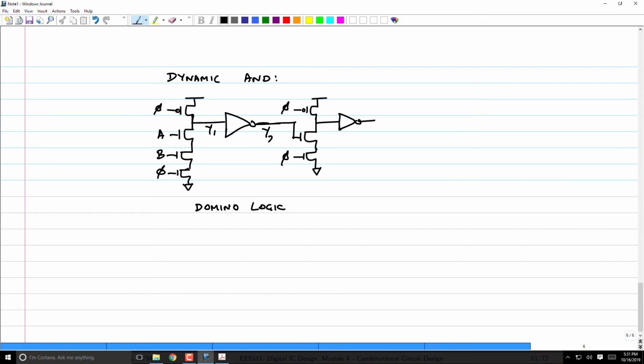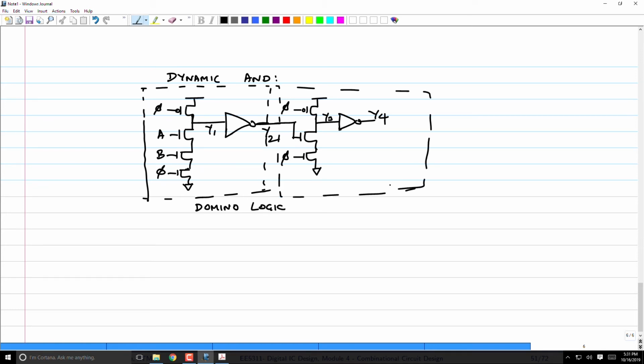So this will be Y2, Y3, Y4. Right? So remember that this is my gate. This is one unit. And this is another unit. So these are my two domino logic gates. Domino AND gate, domino buffer.